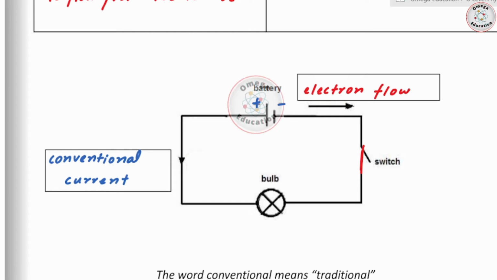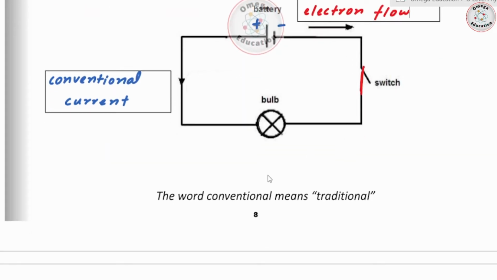But the term that is used by Cambridge for the O-level physics syllabus is electron flow, so we just stick to that one. The word conventional means traditional. Once again, we stated this fact previously as well.